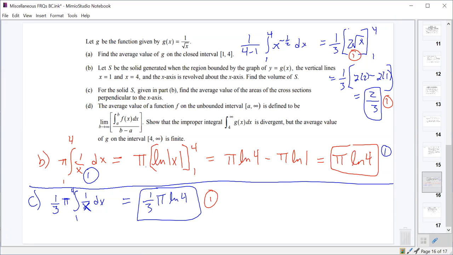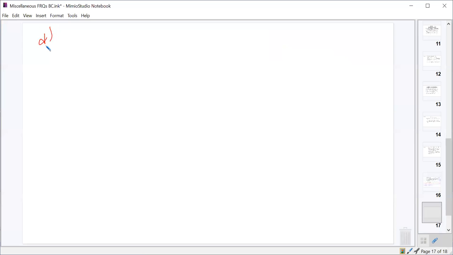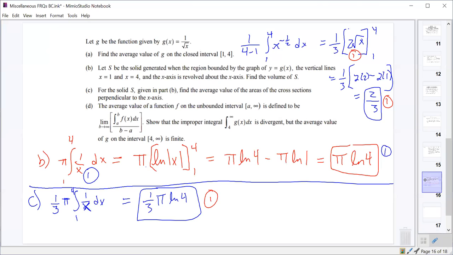All right, part D. Part D gives us a fun little thing going on. We've got the average value of a function on an unbounded interval. So they've defined this as the limit as b approaches infinity of the integral from a to b of f of x dx over b minus a, which is the same as a regular average value.